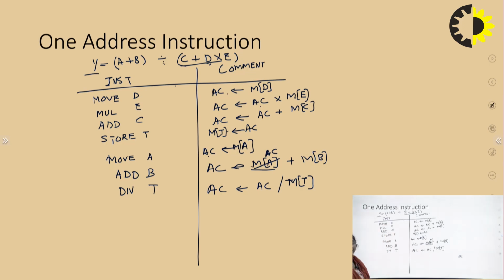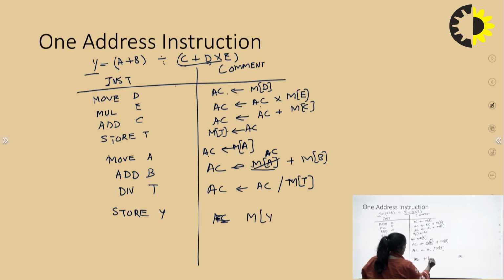It is in Y. In Y means now the store Y. When you are storing Y, it means the accumulator's value goes to M of Y. Whatever the AC content is, it is stored in M of Y. That is the one address instruction.